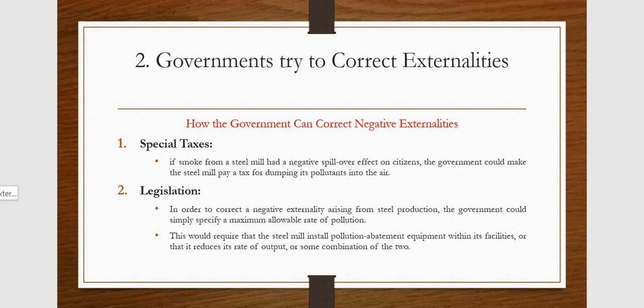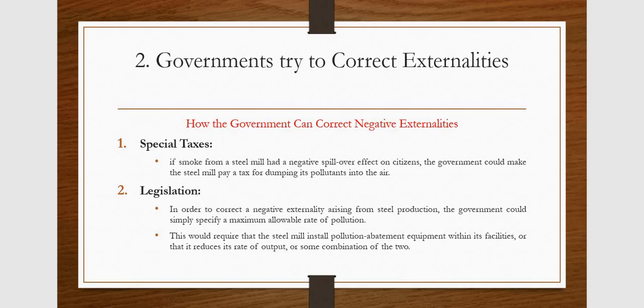Let's say a factory releases pollutants into the atmosphere, and it is affecting the citizens. They are not part of the process, but they are being affected negatively.